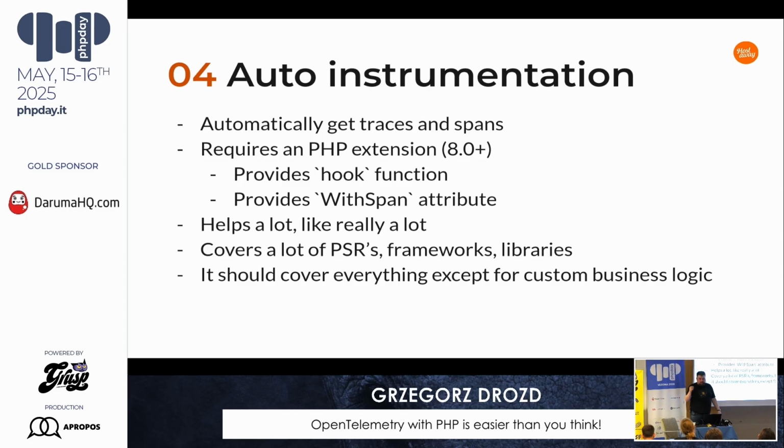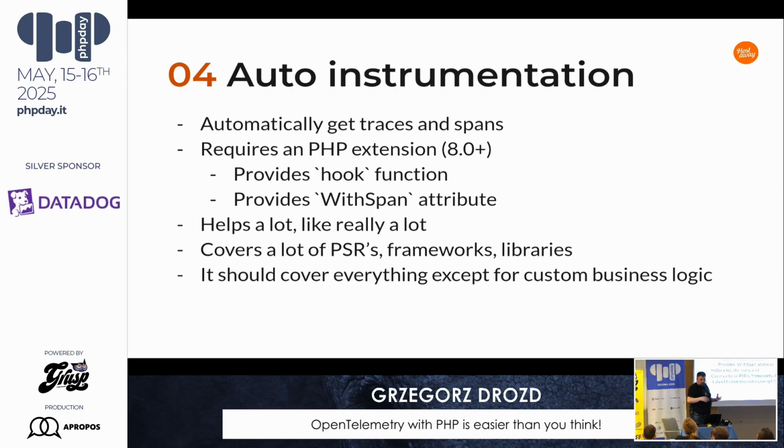Unfortunately, not a lot of auto-instrumentation libraries from OpenTelemetry contain metrics. For now, they are focusing only on spans, and I'm actually working on some metrics-focused code for that. There is also an extension that I mentioned before. It's a PHP 8+ only extension.